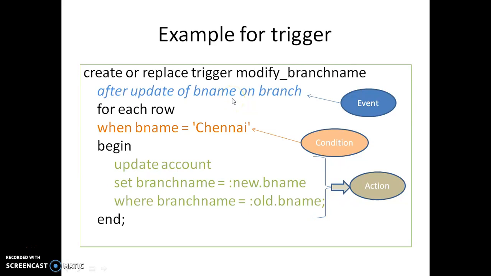So :new.bname will have Madras. And where branch name is equal to what? What is the old value? It is Chennai. The old value that is present in the table is Chennai. So :old.bname returns Chennai. And the begin and end block of statements identifies the action that has to be taken.